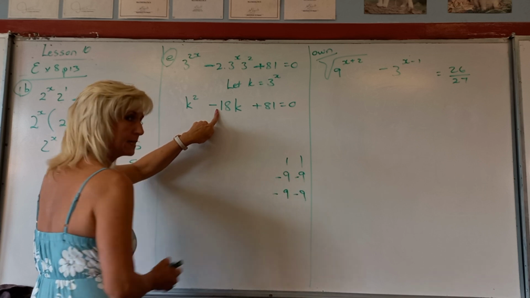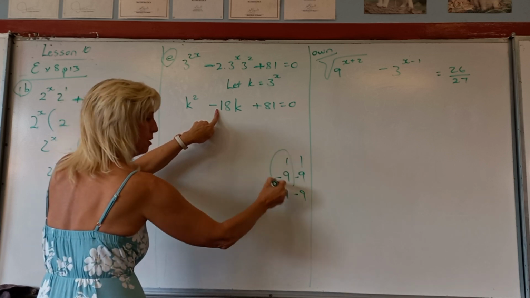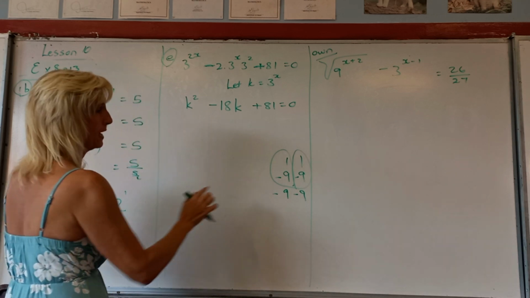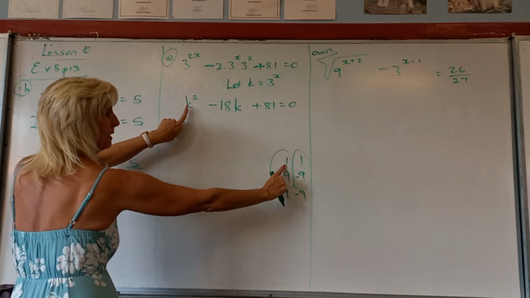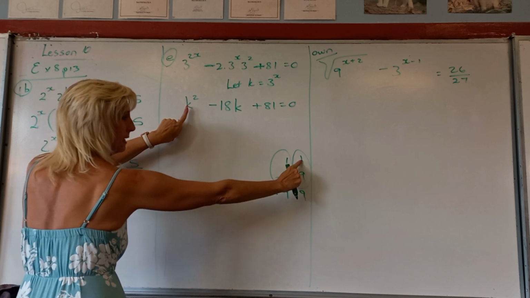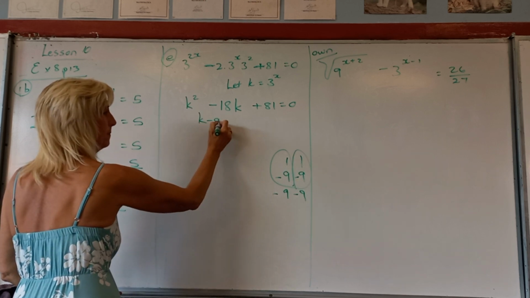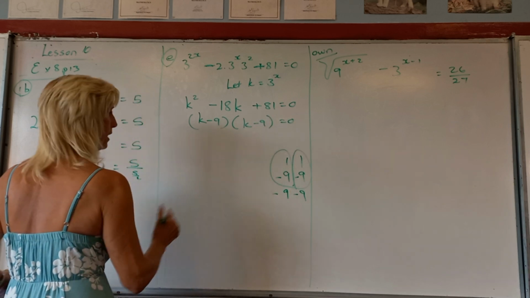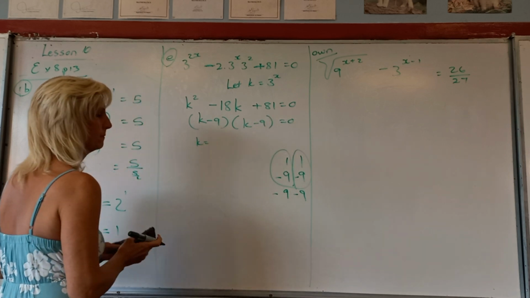Both of them must be negative, therefore. And these are my crypt notes, or my spy language methods for saying this must now be k minus 9, k minus 9. Happy on that? Yes.